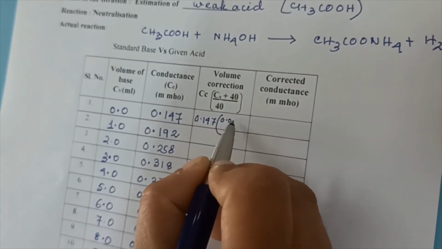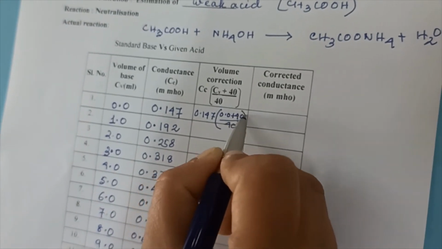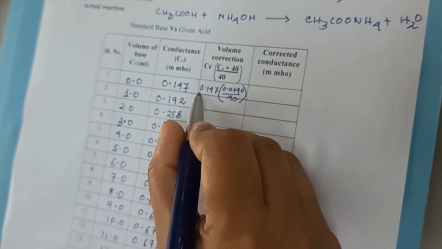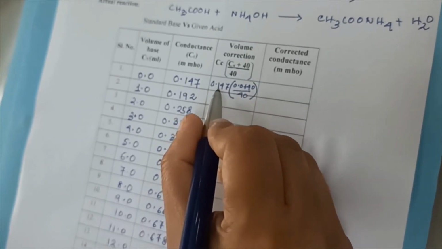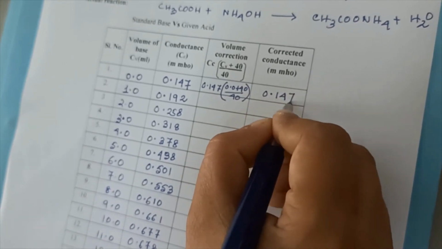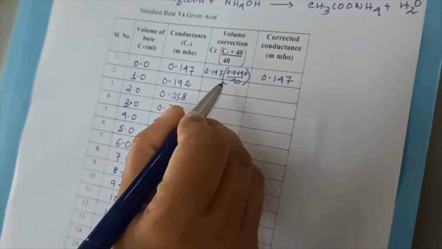For the first it is 0.0 plus 40 divided by 40, which is 1. So we are multiplying 0.147 by 1, so it will be 0.147 only. Since there is no addition of volume, there is no volume correction.